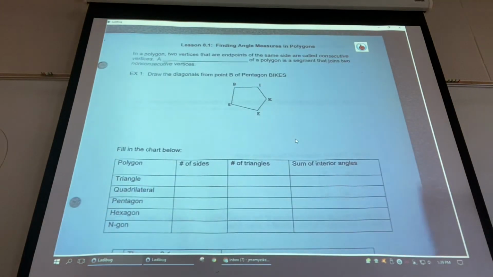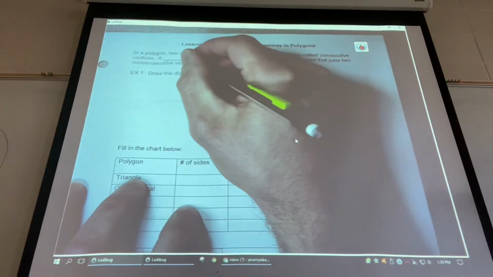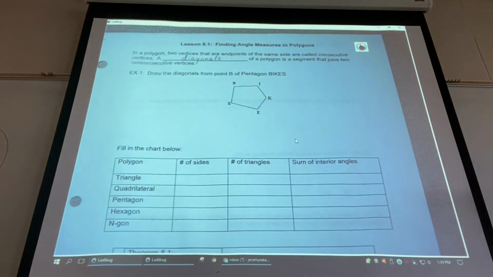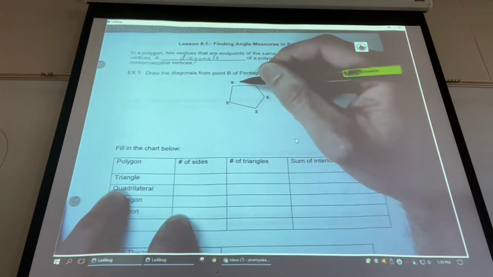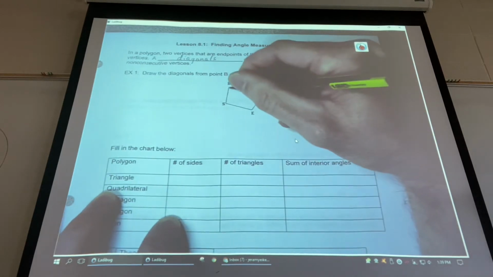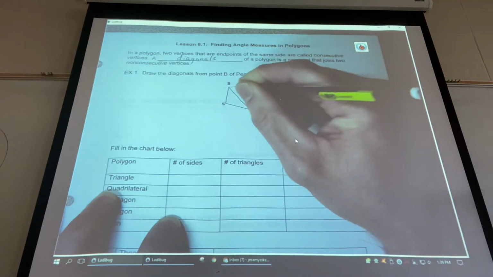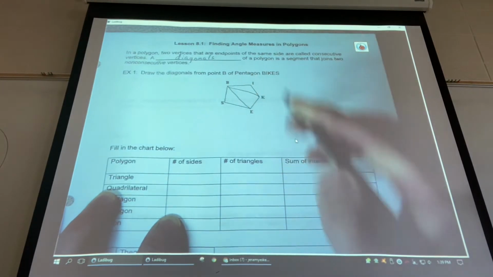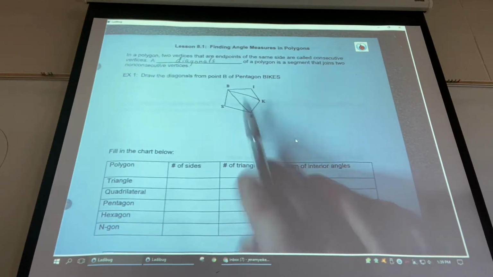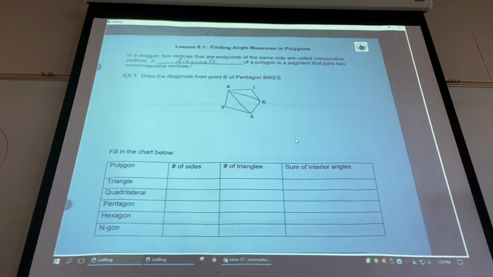Yesterday we learned that a triangle, if you add up all the interior angles, adds up to 180. We did that little activity, didn't we? Well, this first blank here is diagonals. What they're getting at is that if you draw diagonals from one of the vertices of a polygon, you will split any polygon into triangles.